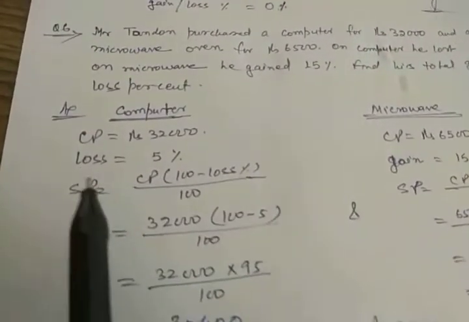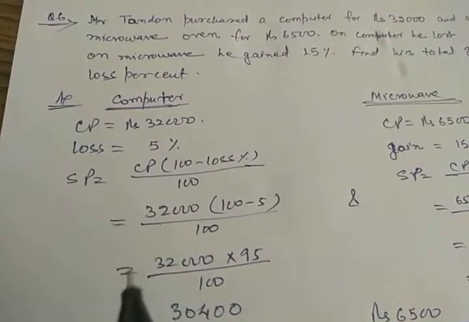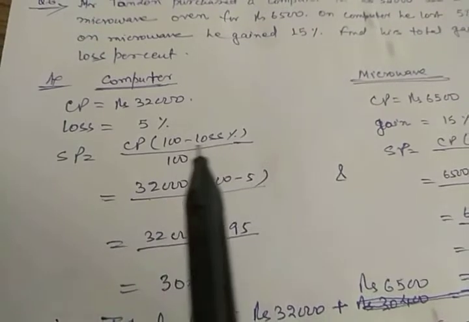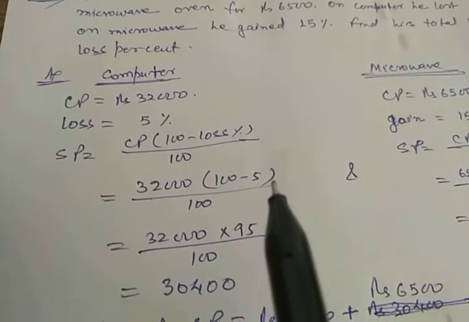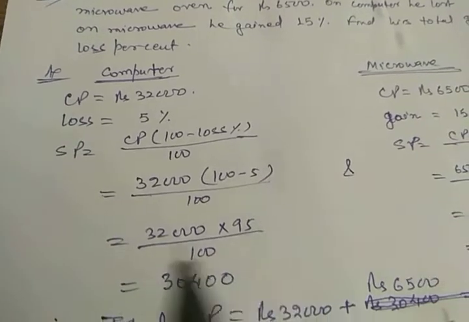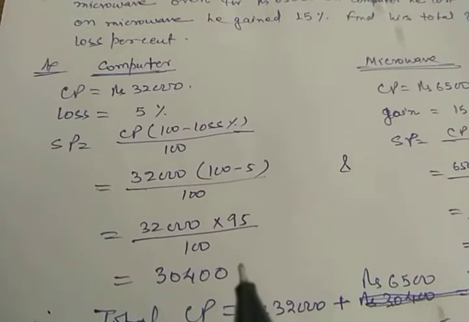Just see, for the computer CP is given, 32,000, loss is 5%. So you can calculate your SP. CP into 100 minus loss percent by 100. 32,000 into 100 minus 5, this is 95. Now simplify, it is coming 30,400.